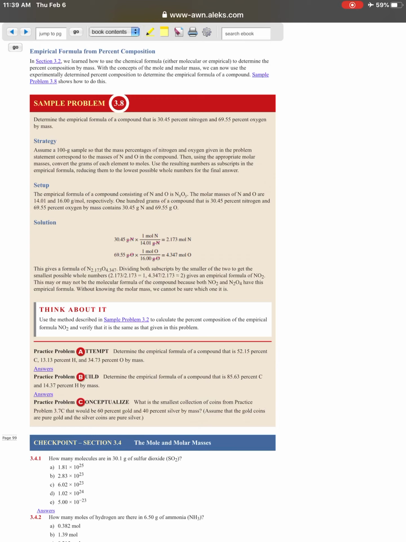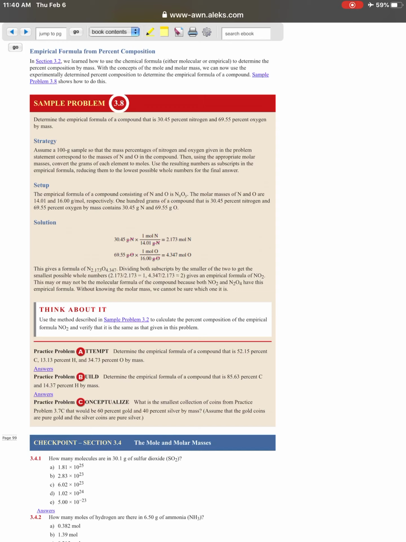Now, here's how you go about it. You assume you have 100 grams, and the reason we pick 100 grams is that those percentages add up to 100. Add those two numbers together, and you'll see they add up to 100. The masses can add up to 100, and that way, the ratios work out as being the same as the masses. So assume you have 100 grams.